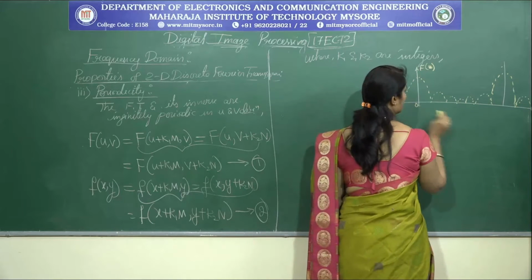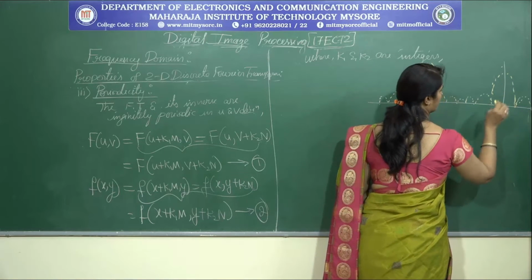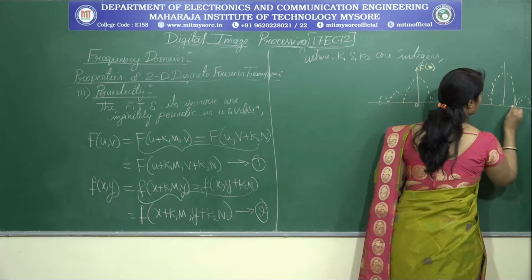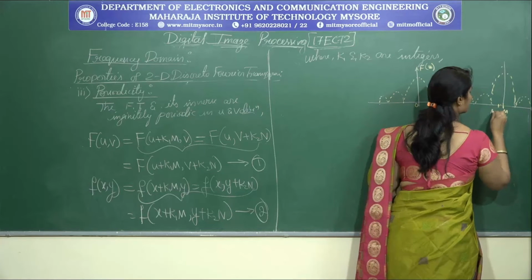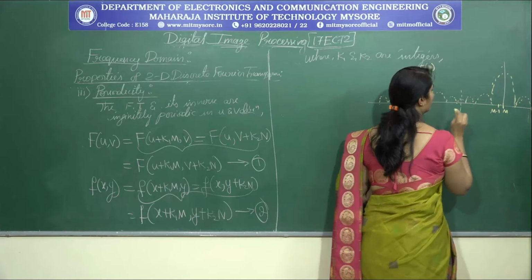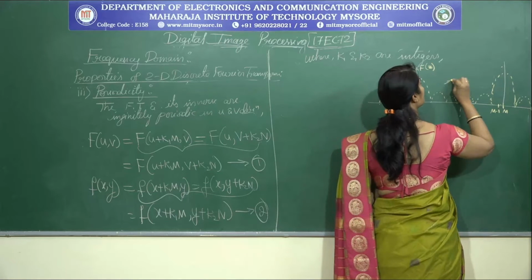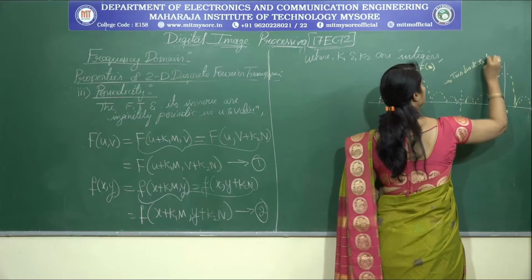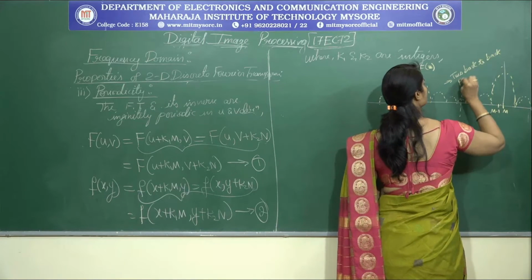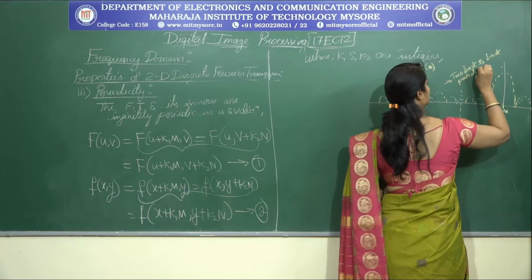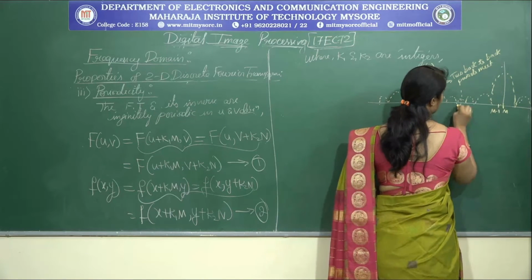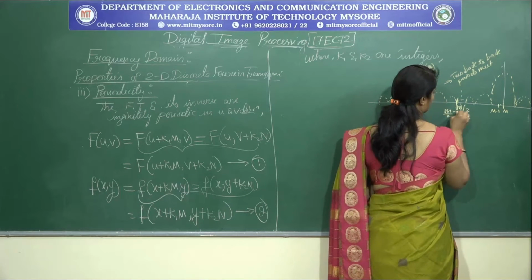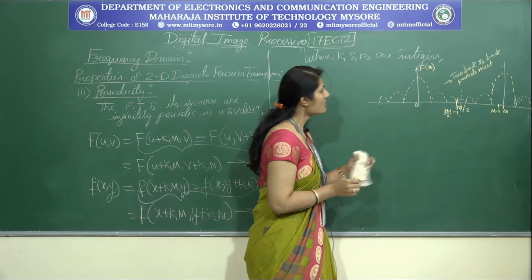This is 0, this is M, this is M minus 1, this is M by 2, and this is M by 2 minus 1, where two back-to-back periods meet.